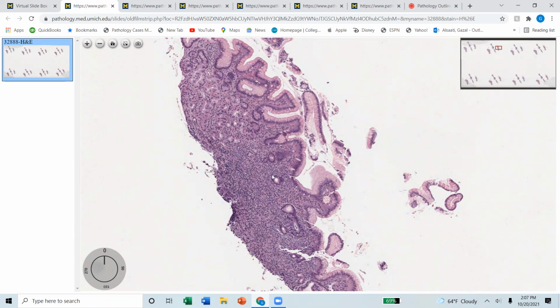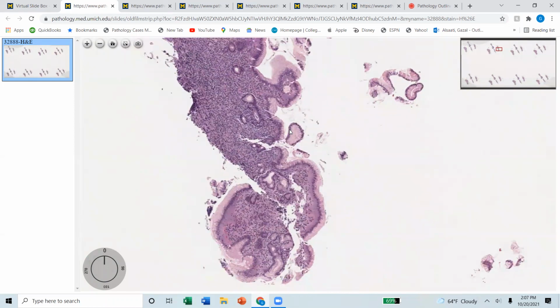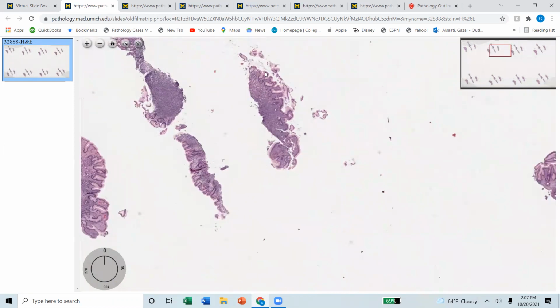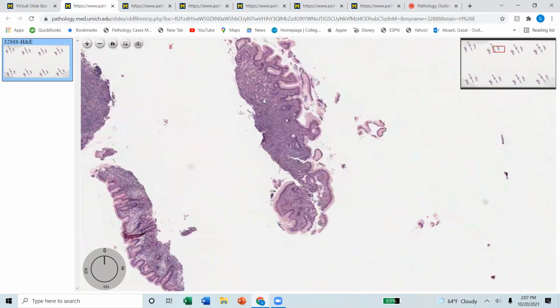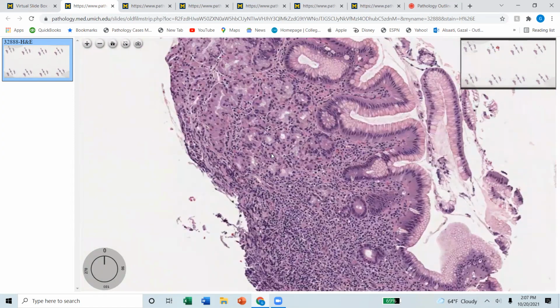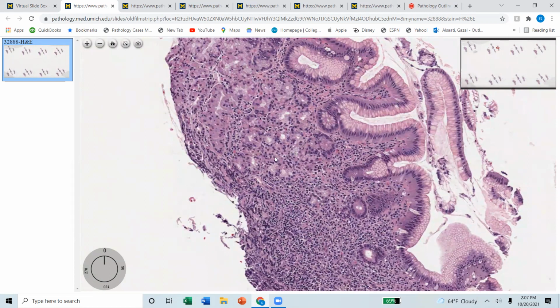So this is definitely not just a band-like lymphocytic proliferation underneath the mucosal surface. It is more expanded. The lymphocytes are growing in sheets around, above and beneath.